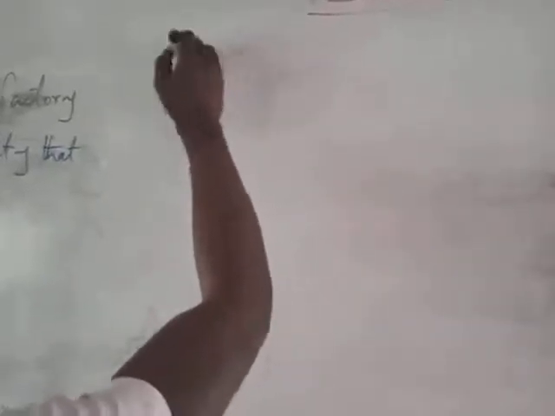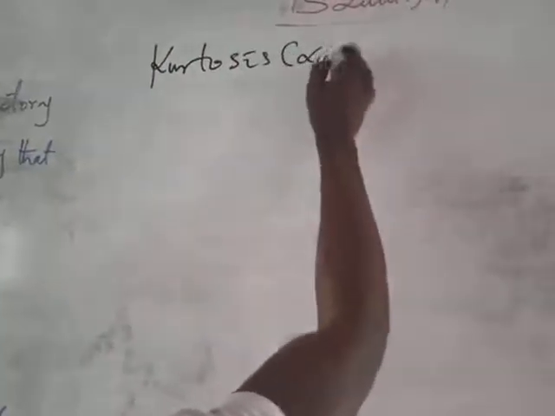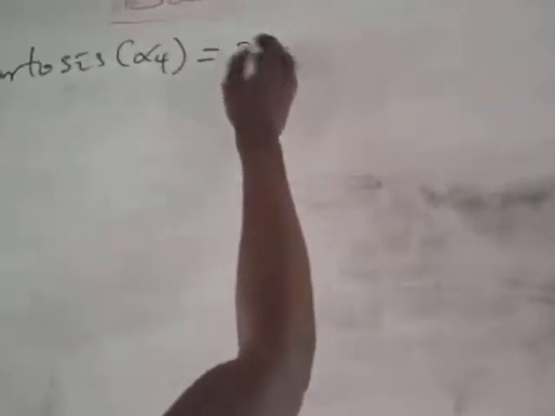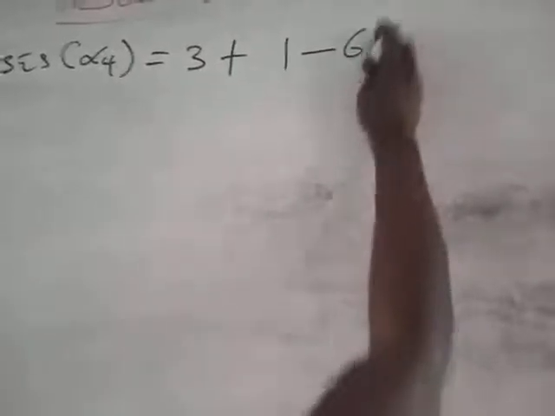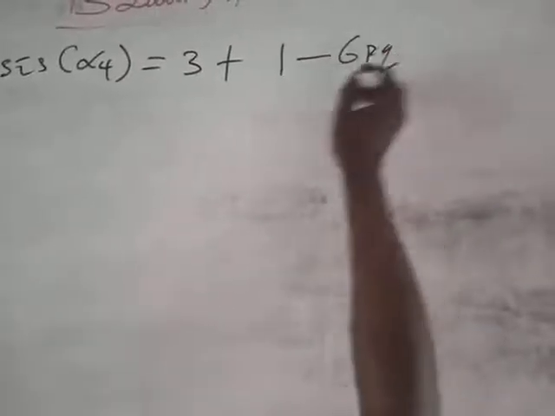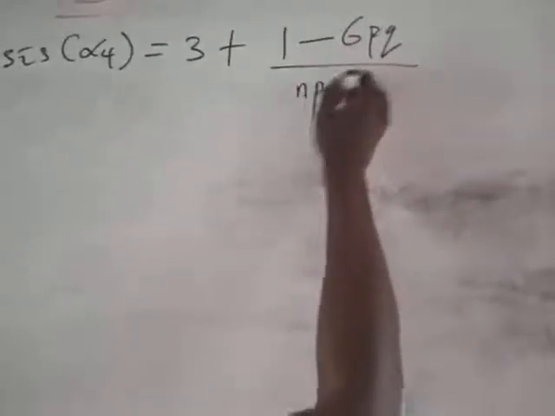Alpha 4, kurtosis, is given as 3 plus 1 minus 6pq all over npq.